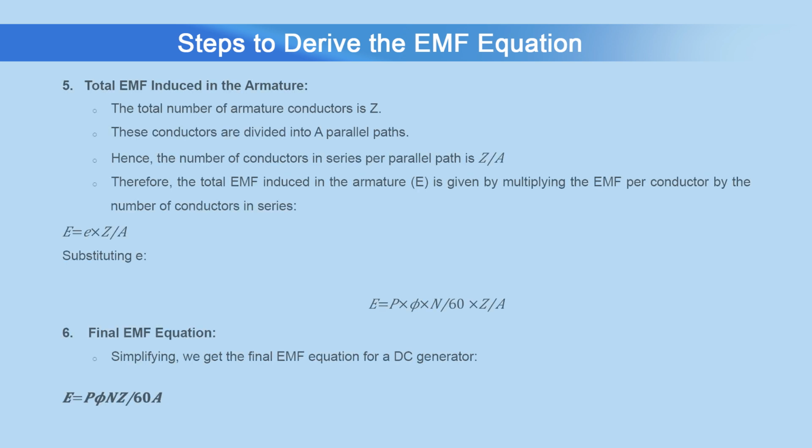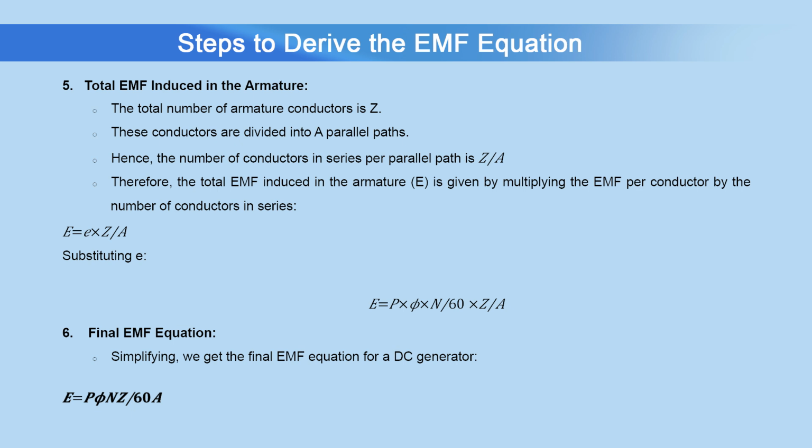Let us understand the total EMF induced in the armature. The total number of armature conductors is Z. Those conductors are divided into A parallel paths. Hence, the number of conductors in series per parallel path is Z by A. Therefore, the total EMF induced in the armature is given by multiplying the EMF per conductor by the number of conductors in series.